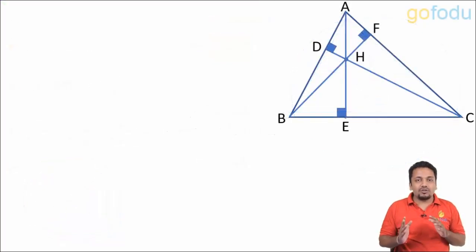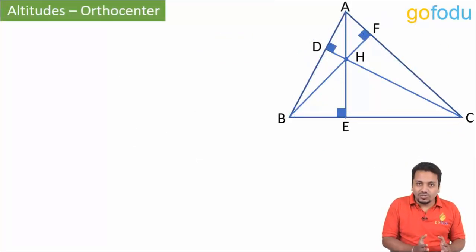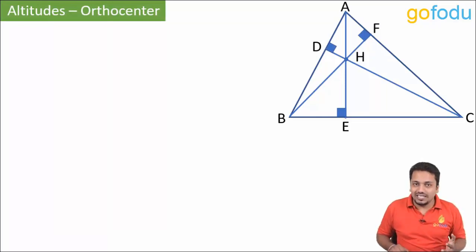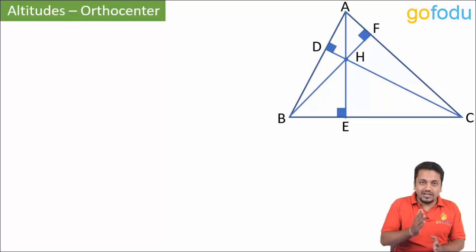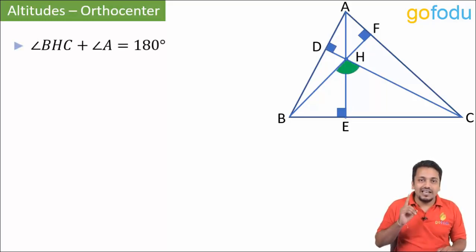Moving on to the last part of this video, altitudes and orthocenter. In triangle ABC, altitudes are dropped at 90-degree angles. Now the first point says angle BHC plus angle A is 180 degrees.